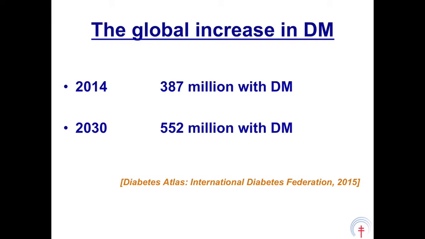And then finally, with tuberculosis, since basically 2000, the last 15 years, we've had a gradual decline in TB incidence, albeit quite small at about 1% per annum. But with diabetes, we've had an escalation in this diabetic epidemic. And by 2030, it's predicted that we will have over 550 million people with diabetes on the planet.